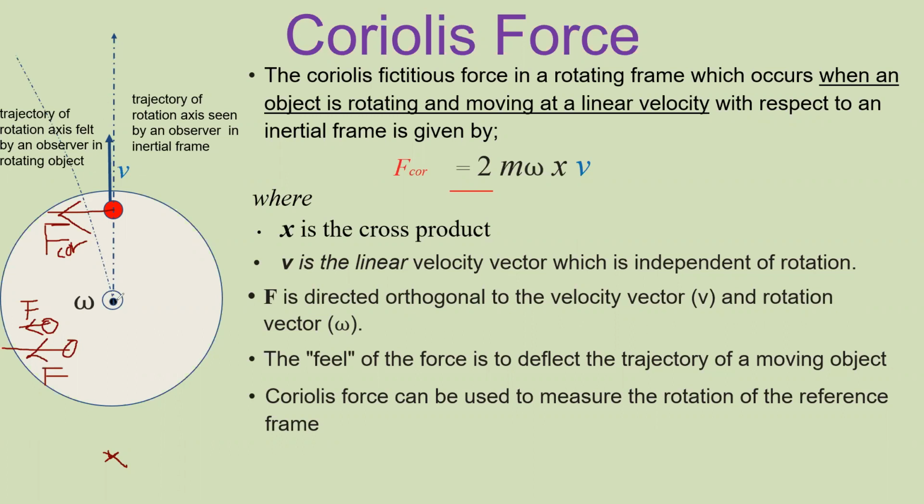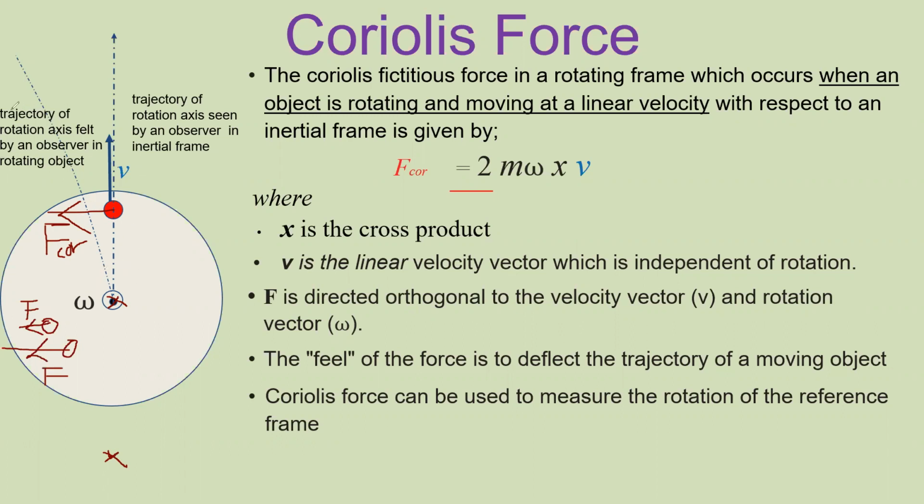But if there is an observer at this point, it will see as if it is moving in this path, because it is experiencing this force. The person here is not experiencing that force.